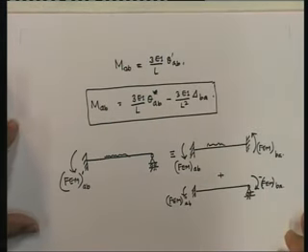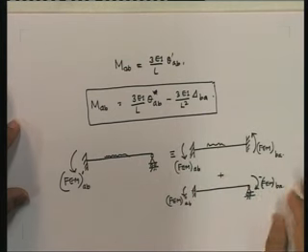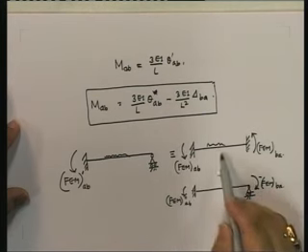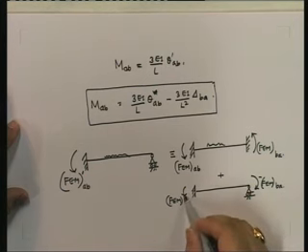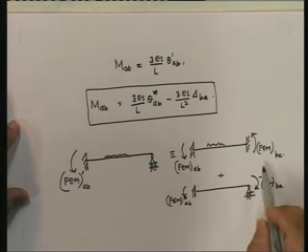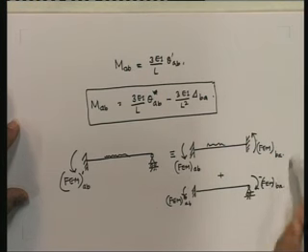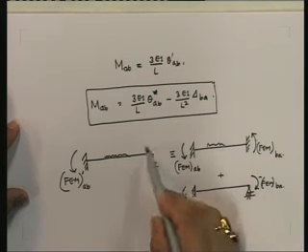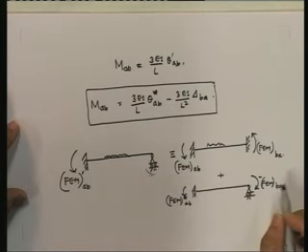What is the reason? Okay, look at this, I'm saying that this is the original one which we know how to compute, and this plus this, where if you look at it, what I am doing is actually applying the negative of the fixed end moment. You will see why I am applying this negative fixed end moment. Because this plus this will ensure that this becomes equal to 0. There is no fixed end moment because there is no fixed end.